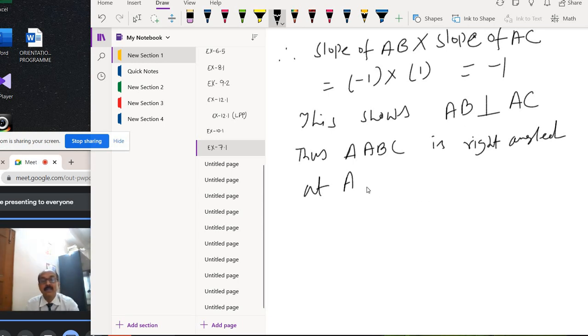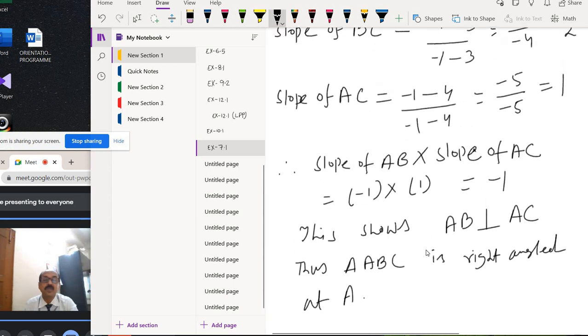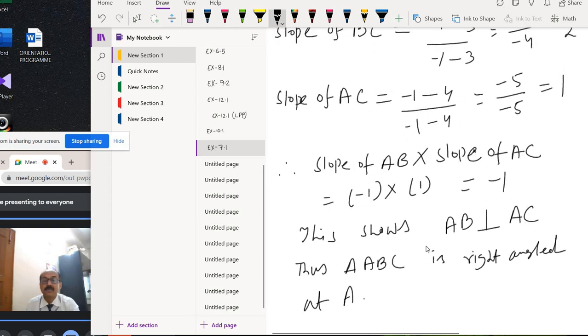So right angle at A. This is the question: are these the vertices of a right angle triangle? Yes, it is proved. It is clear. Any question? No, sir.